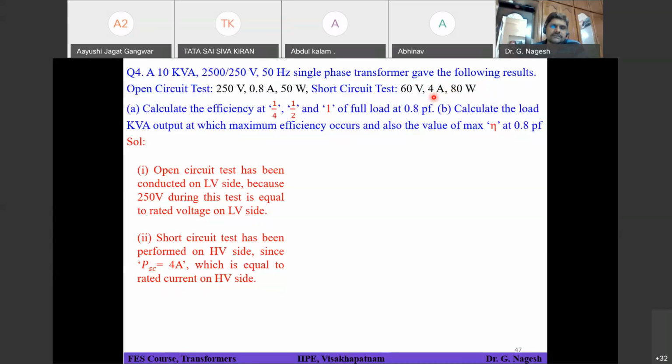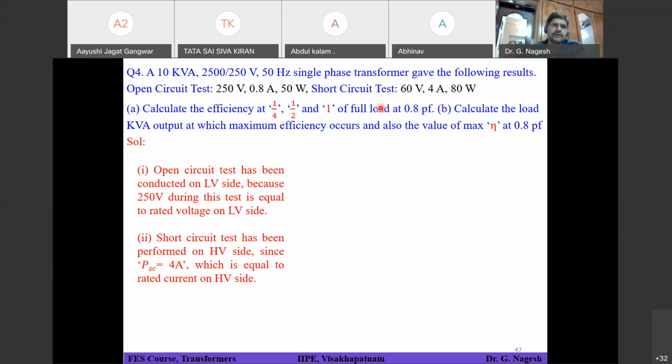That means full load copper losses are straight away given as 80 watts, which is IFL square into RE2.